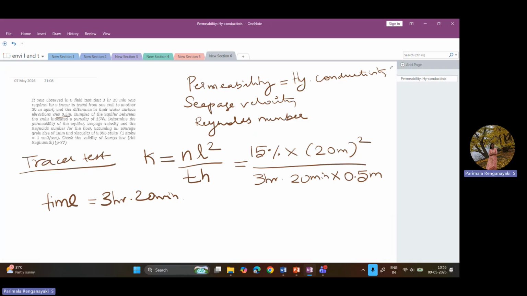If we want to convert, maybe the entire thing will convert into hour. So we know 1 hour is equal to 60 minutes.